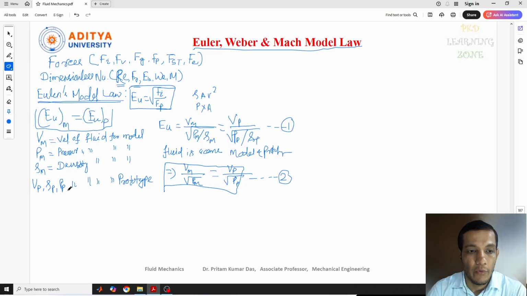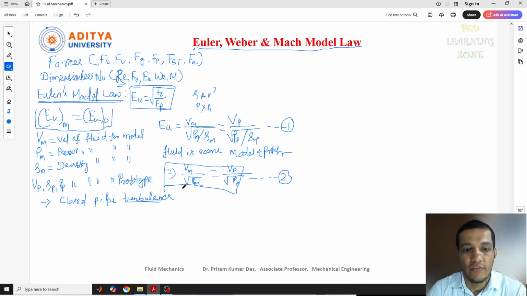This can be applied where only pressure force will be predominant, as I told you, and the remaining other forces should be negligible or can be ignored. Similarly we can take a place like a closed pipe in which the water is flowing turbulently, so that we can ignore the viscous force.